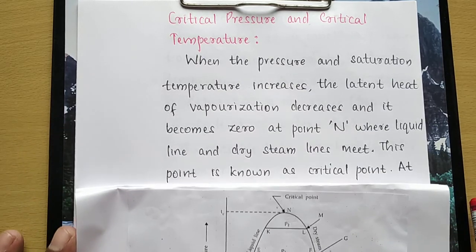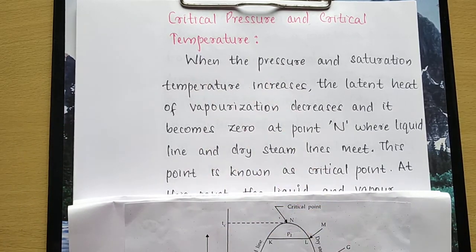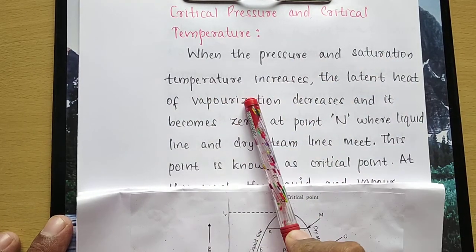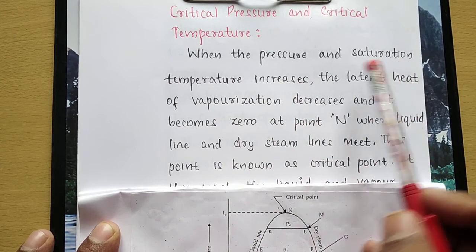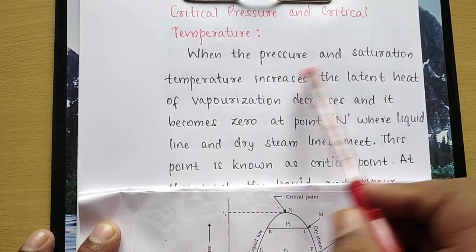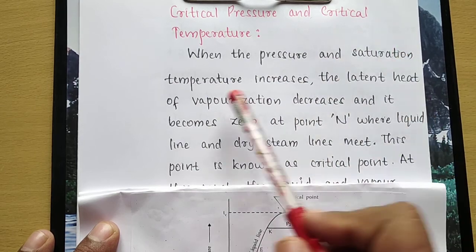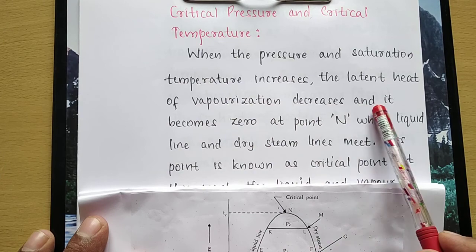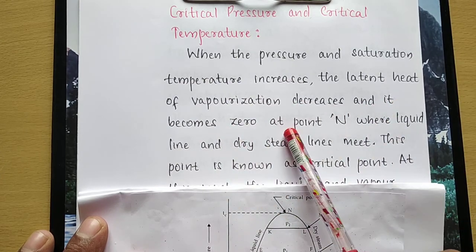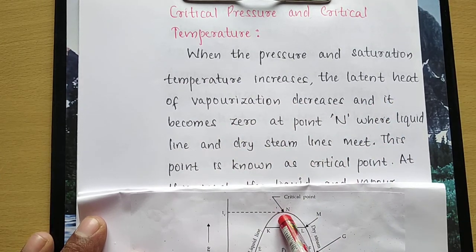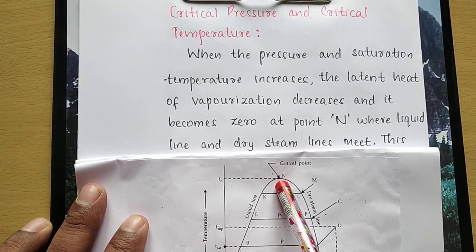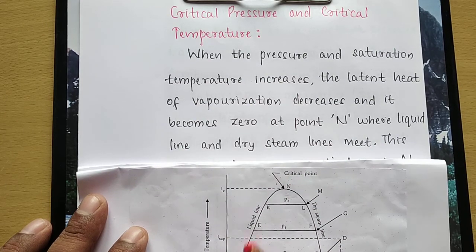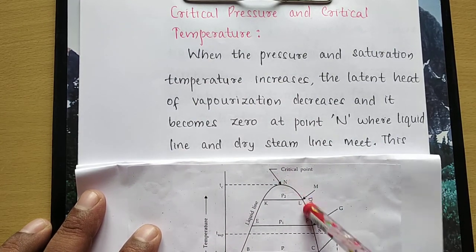When the saturation pressure and saturation temperature of steam increase, the latent heat of evaporation decreases and becomes 0 at point N. I am showing this with a red pen now, where the liquid line and the dry steam line meet each other.